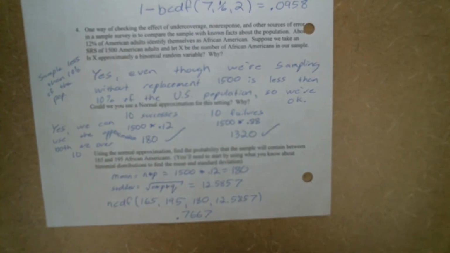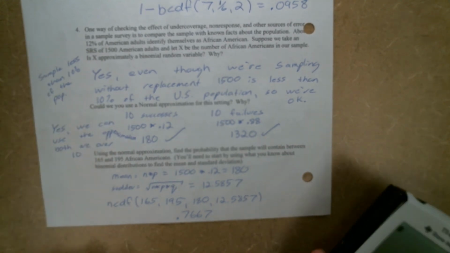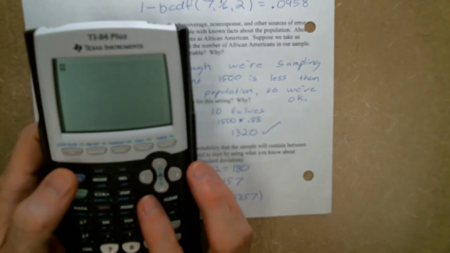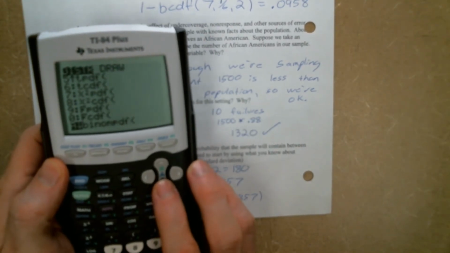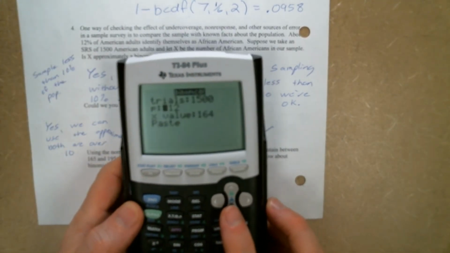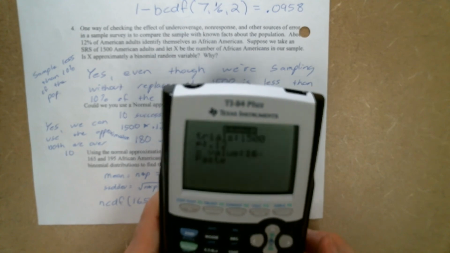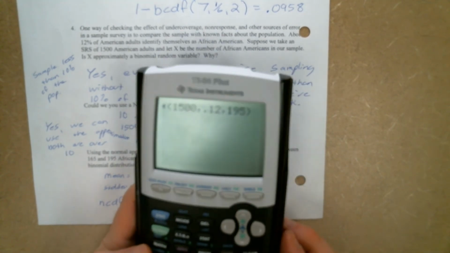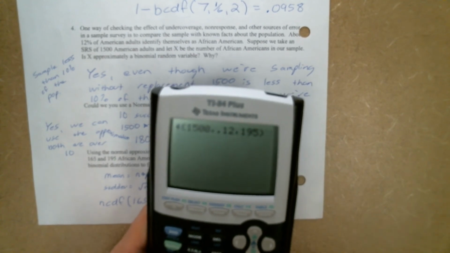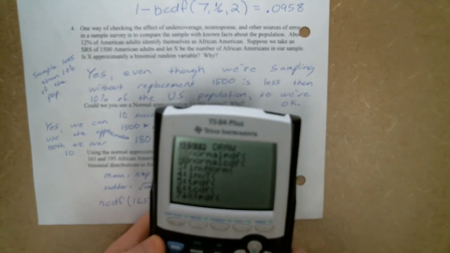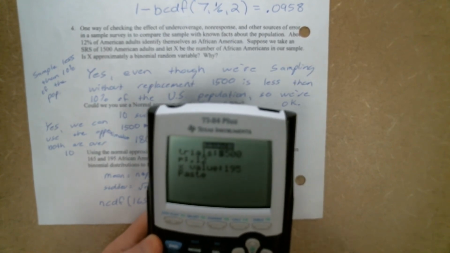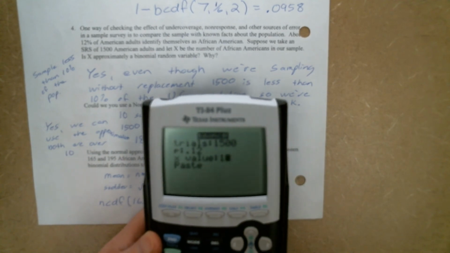So again, this is just kind of a shortcut approximation that you can do. I mean, we could have done this using binomial CDF. I could have said binomial CDF, 1,500, probability of success 0.12, 195. That would have done 195 and down, which is too much, but then I could subtract a binomial CDF where I do 1500, 0.12, 164.